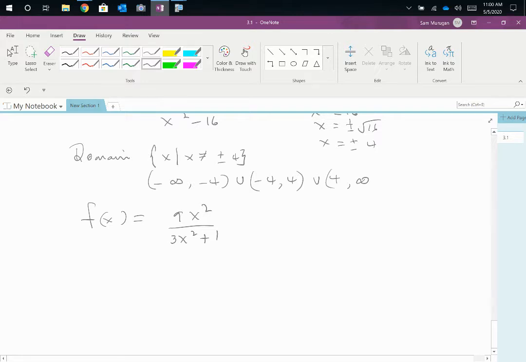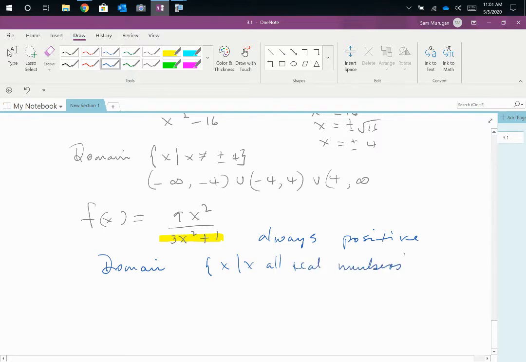So this denominator is always positive. Meaning that this domain is all real numbers. Or negative to positive infinity. Okay.